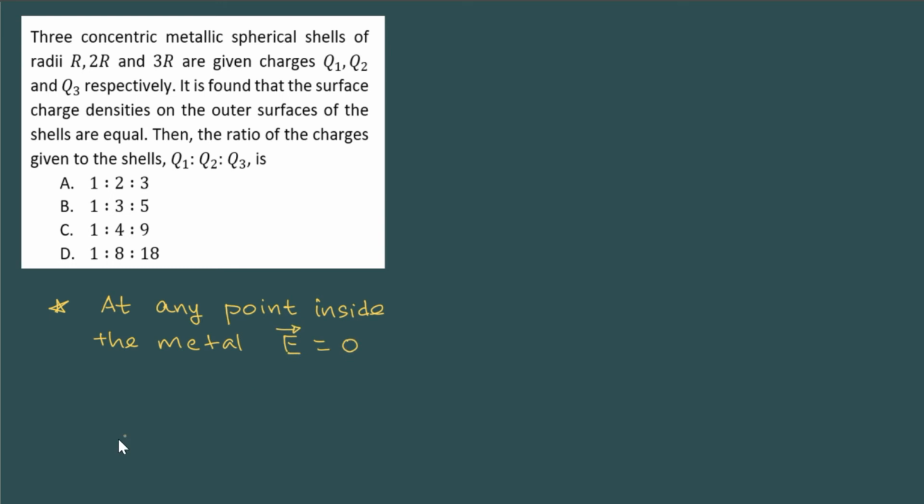And then we can also use Gauss law here to understand where exactly the charge resides. The problem says the surface charge densities on the outer surfaces of the shells are equal.